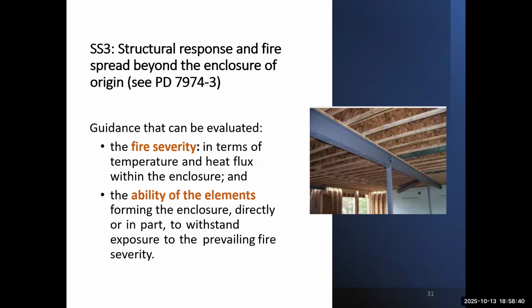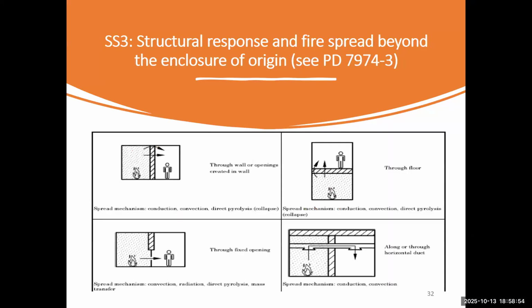This quantitative analysis of both the fire's severity and the structural ability to resist it is the core of subsystem 3, ensuring our design for safety and stability. As we know, fire can spread through various mechanisms. It can spread by conduction through a steel beam, by convection through an open door or a ventilation duct, and by radiation through a window igniting another building, or even by direct flame.